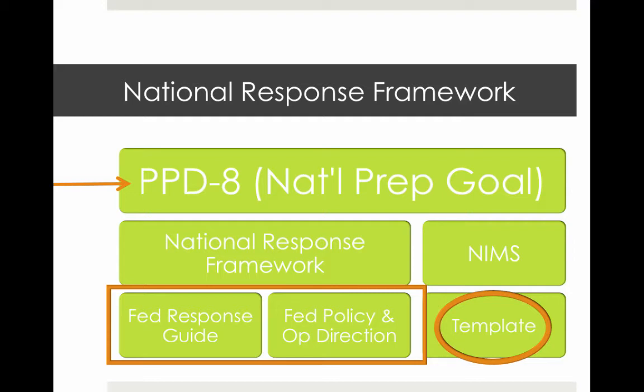The NRF is applicable to all federal departments and agencies that participate in operations requiring a coordinated federal response. The NIMS template applies to everyone, and the NRF describes how the feds will get involved. So the two are complementary, and you'll see the different elements working together when we cover the emergency support functions next week.